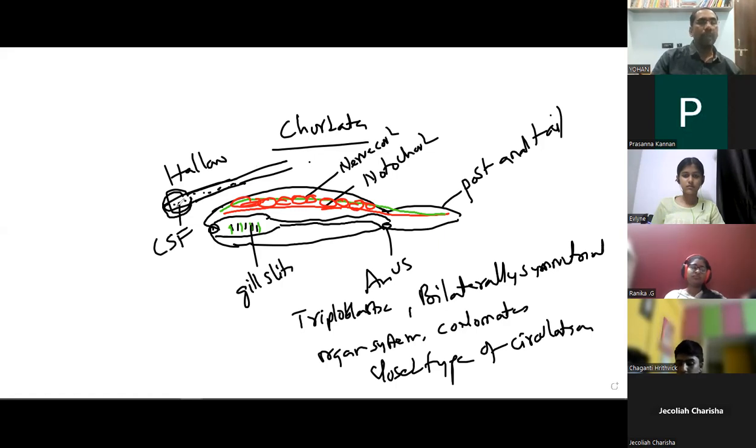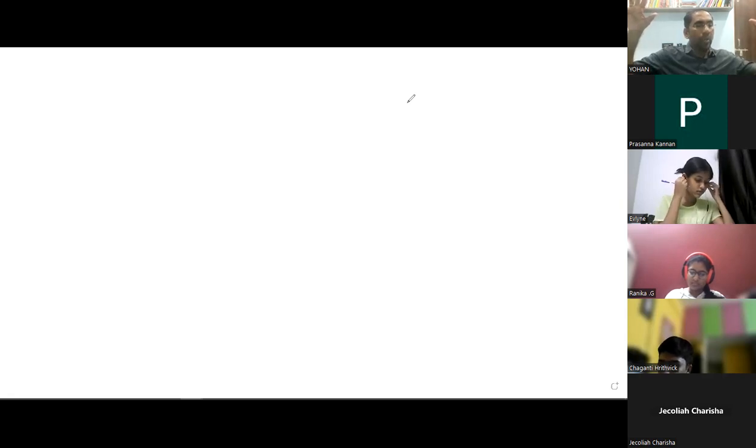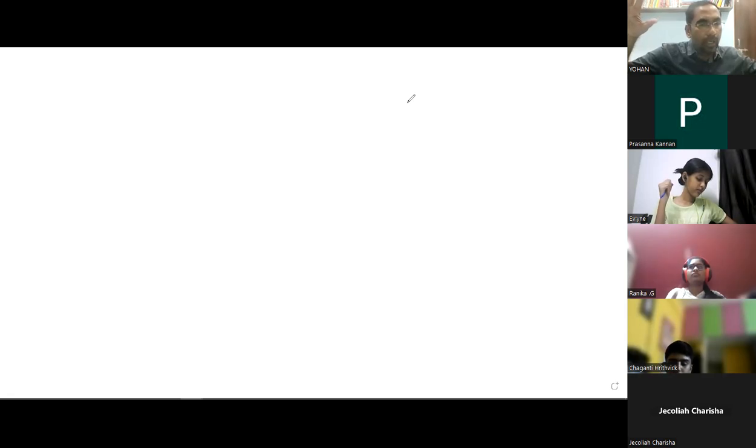Okay. And when you look at the differences, look at the textbook differences. Non-chordata, chordata. Notochord is present in chordata, absent in non-chordata. Number two, the nervous system has a hollow dorsal tube-like structure in chordata.